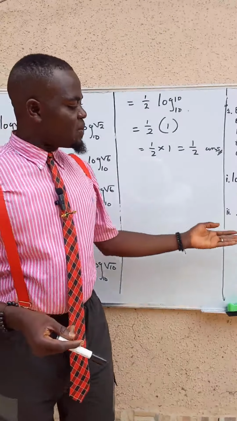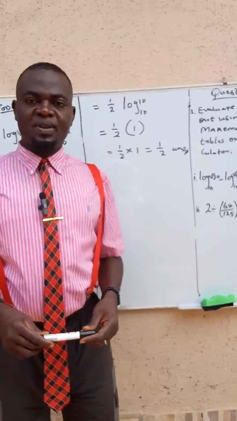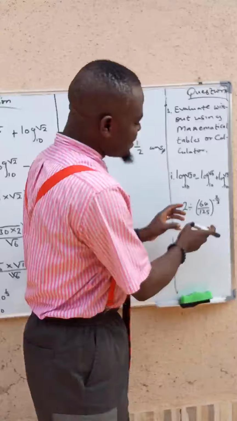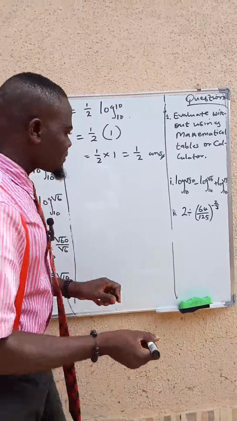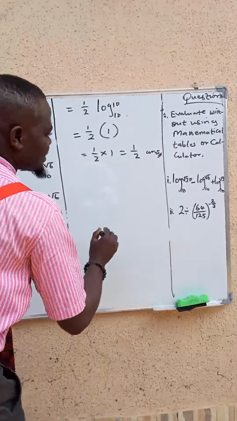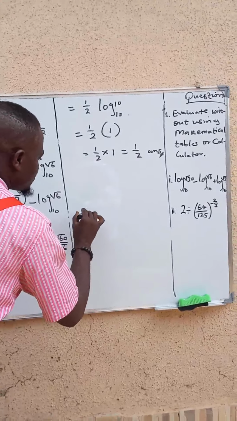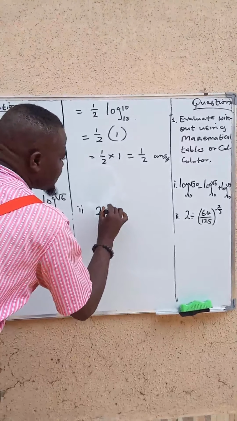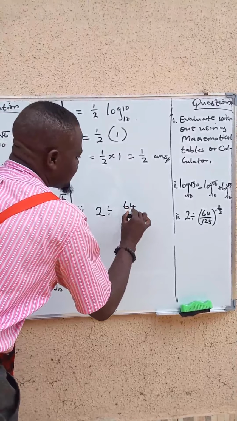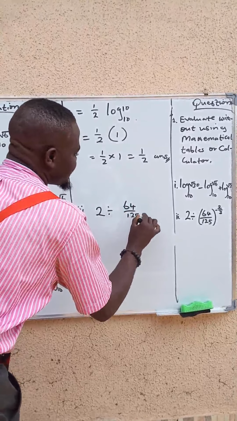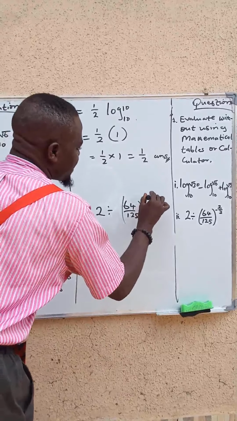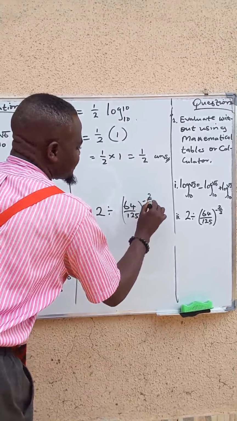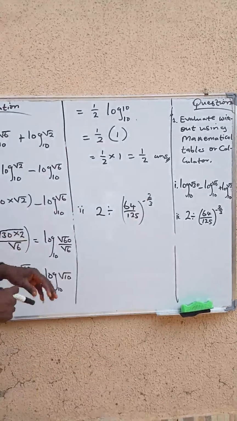So the second one here is very simple, but I'll still do it because there are a few techniques there. Look at it. That means it will now be 2, that's Roman numeral 2, that is 2 divided by 64 over 125, all raised to the power of minus 2 over 3. That should not confuse you. This is simple.